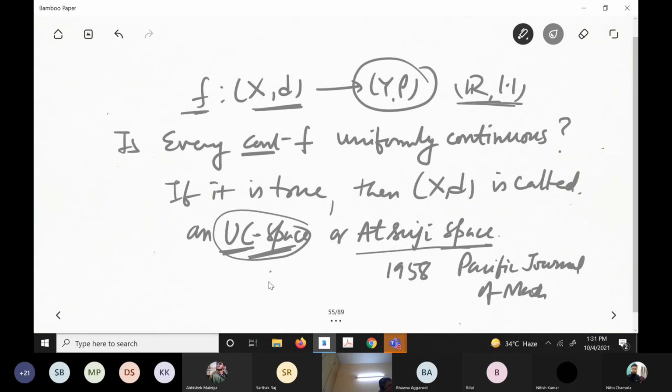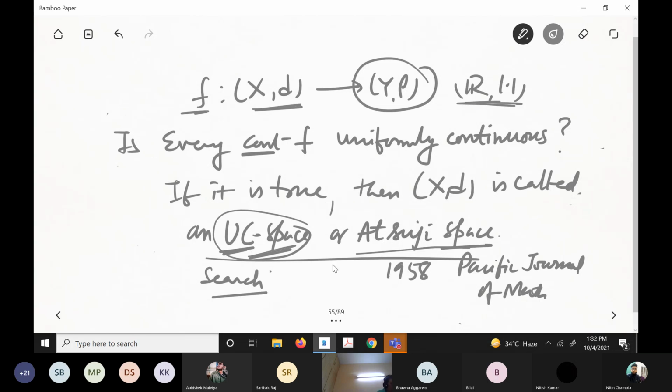So I have given a characterization of UC space, and that result on page 113 I will do tomorrow. But here I would like to say, go to the net and search on UC space, Atsuji space. This is a course on real analysis at the graduate level, which means analysis on metric spaces.